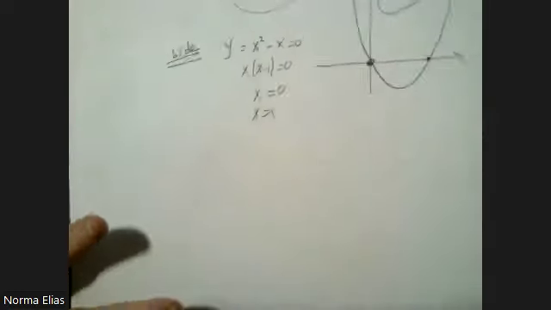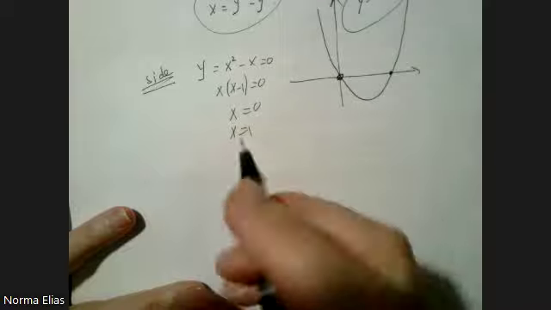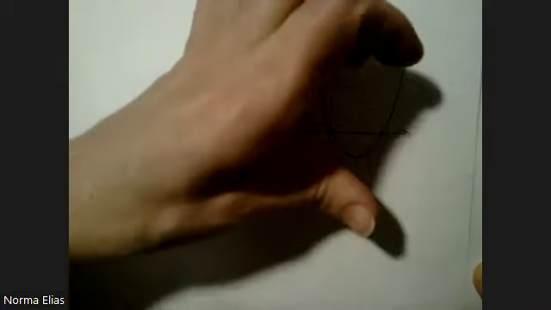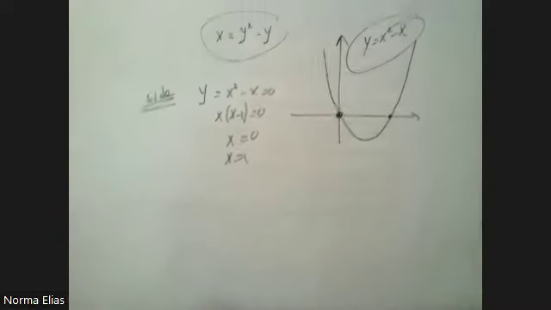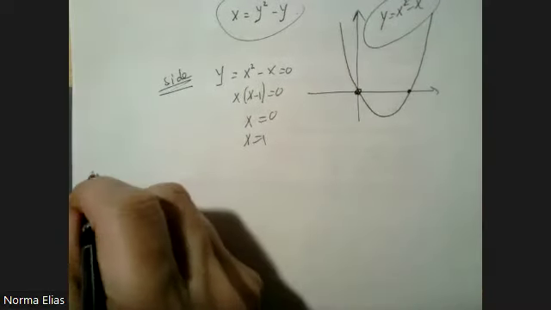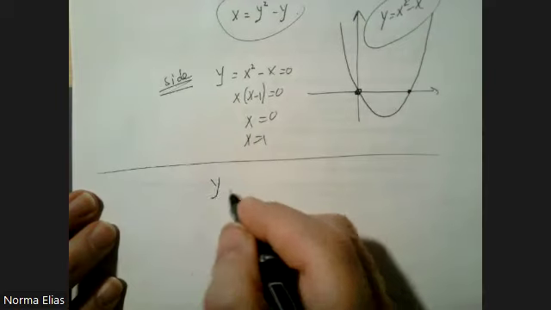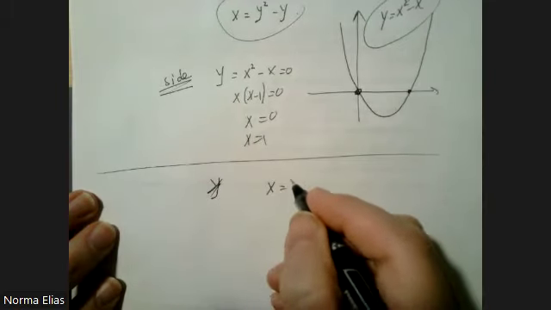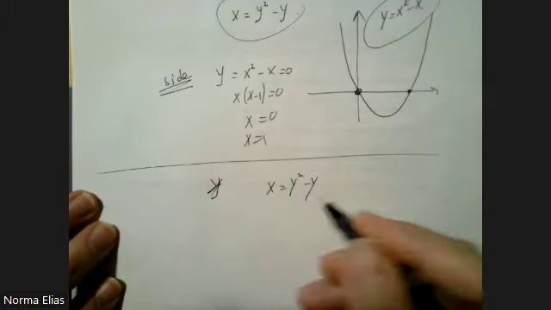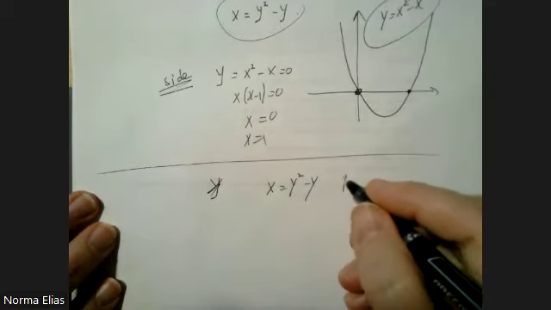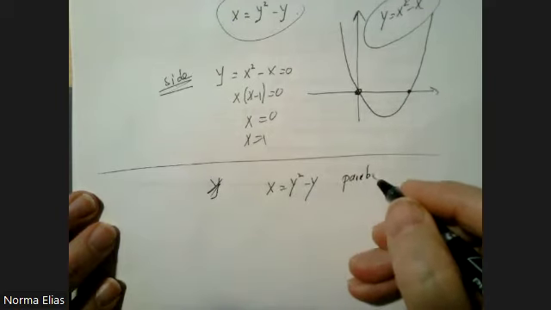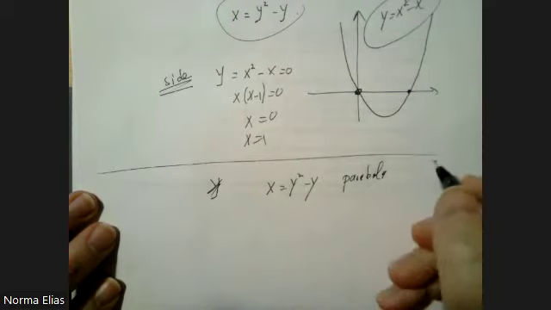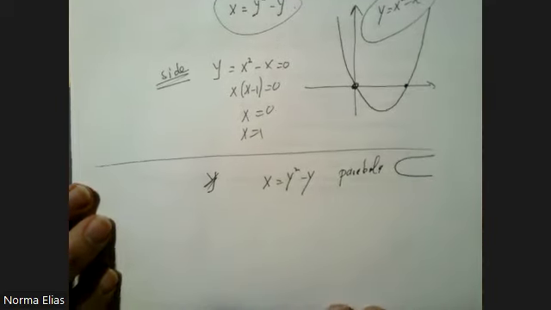Now, x equal y squared minus y is actually the same thing, but you're going to basically rotate it by 90 degrees. The graph here is a parabola also, but this kind of parabola.